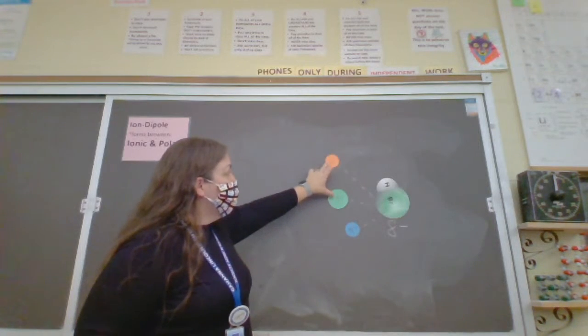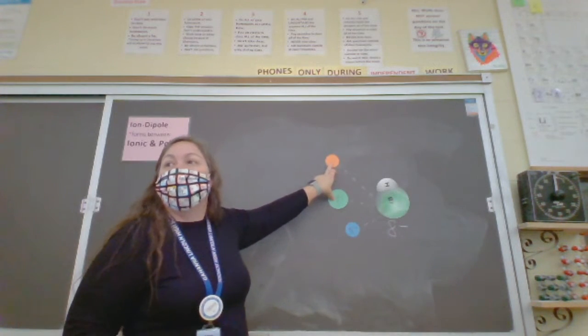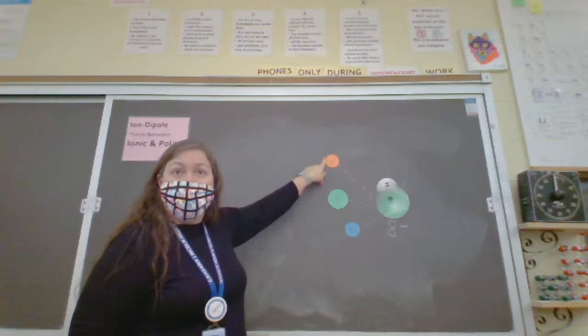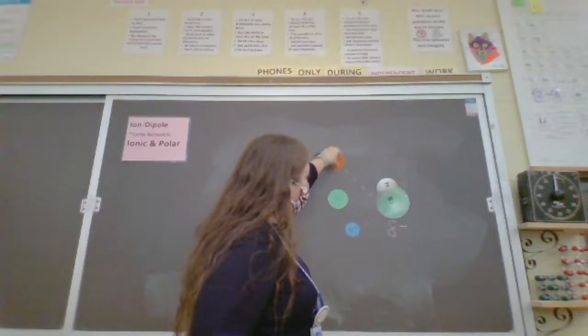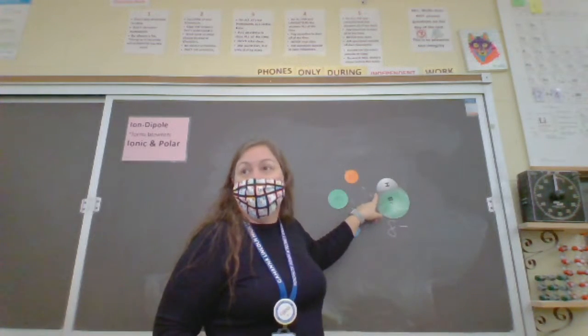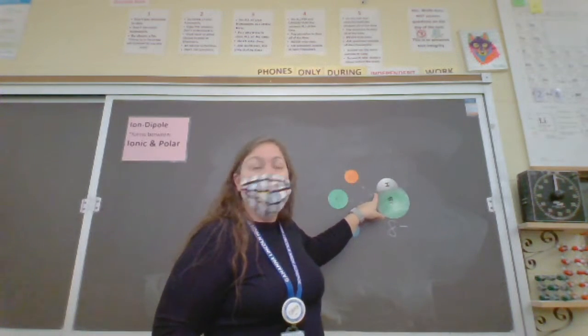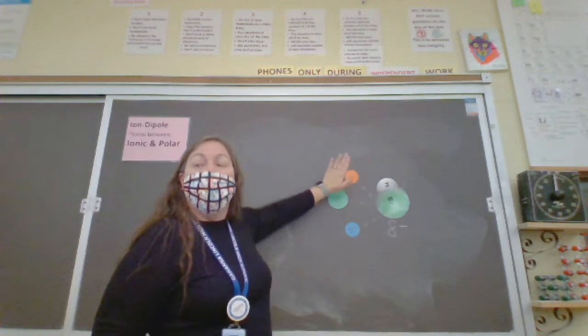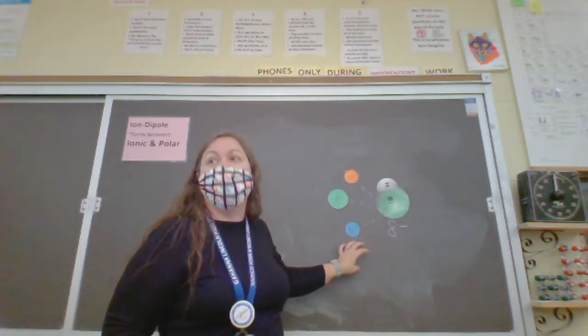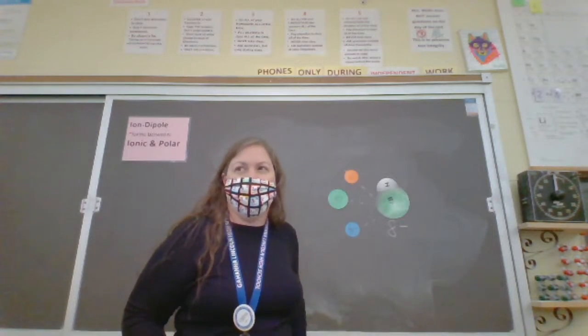Now if I get to the point where these two are similar, I can still tell which one has the stronger force though. Do you see their sizes are different? This one's smaller. That will actually allow it to get closer to HBr, and then that is going to create a shorter, stronger force. But we only look at the sizes once we've identified that they have the same charge, because charge is going to be much more important in determining the strength of the force first.